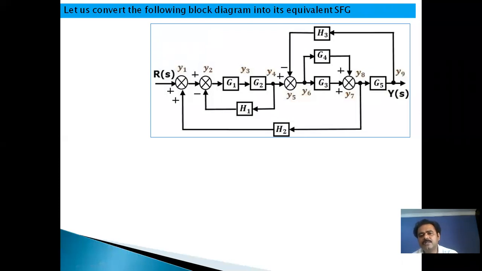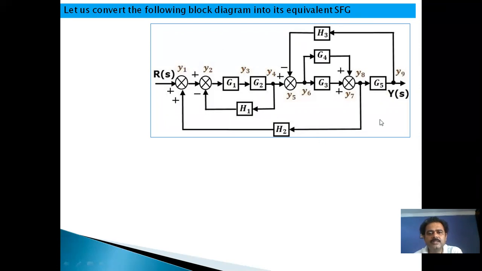We can represent the same control system in many ways. That is a physical system, physical model, mathematical model, block diagram representation, otherwise signal flow graph representation, and finally the transfer function model. There are many ways. Okay, so now this is the block diagram representation.